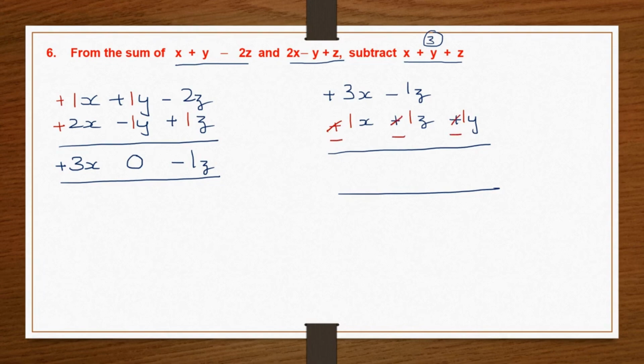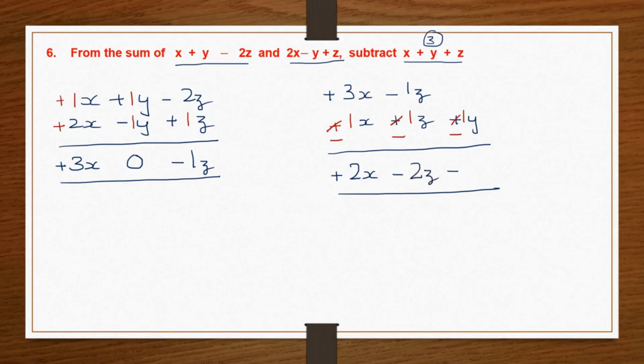Now let's do it. We'll go to the x column and let's see what we get. Plus 3x and minus 1x. Look at only the numbers and the signs. Signs are different. So put the sign of the bigger number, that's plus. 3 minus 1 is 2x. Let's look at the z column. Signs are the same. Put the same sign and add. 1 plus 1 is 2, 2z.